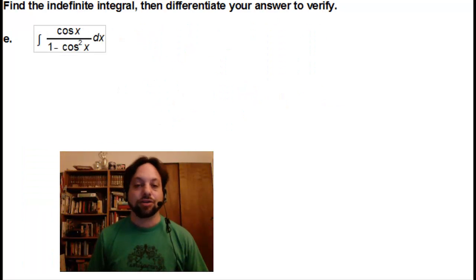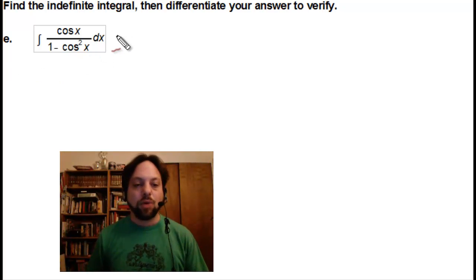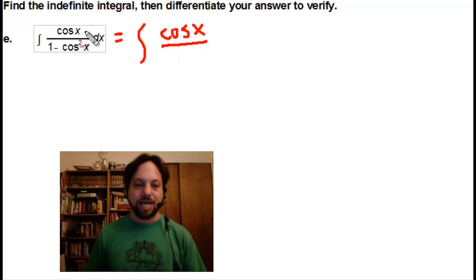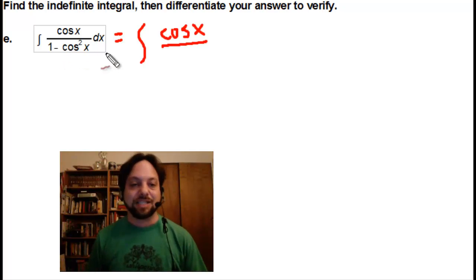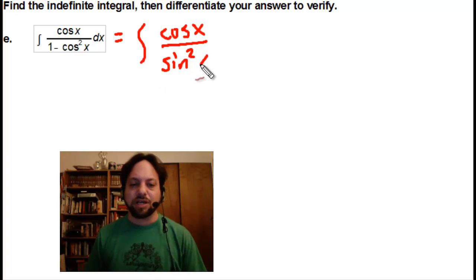So example E is another tricky trig problem that really is not that tricky at all once you see it worked out. What we need to do is simplify this expression here before we go about integrating it. The numerator is going to say cosine x, but what's going to happen in the denominator? Hopefully you recognize that as that Pythagorean identity, where this is clearly going to give us sine squared of x.